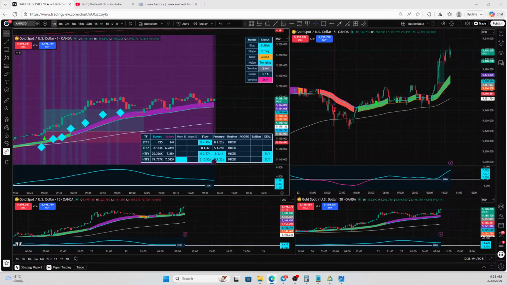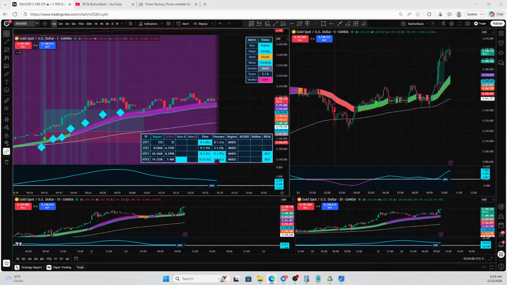Yeah, we also have got a decision dashboard. You can see in the right corner we have the decision dashboard. It has the different criteria that need to be met for us to actually look for trades.